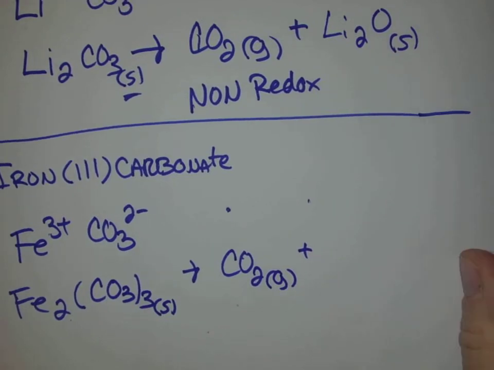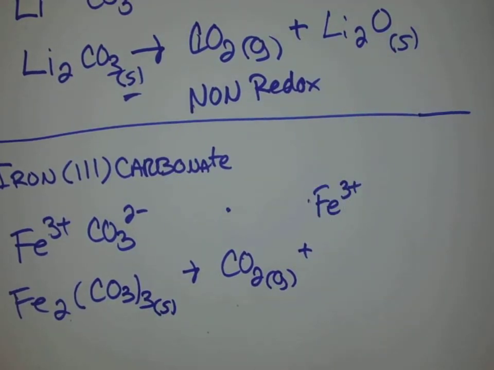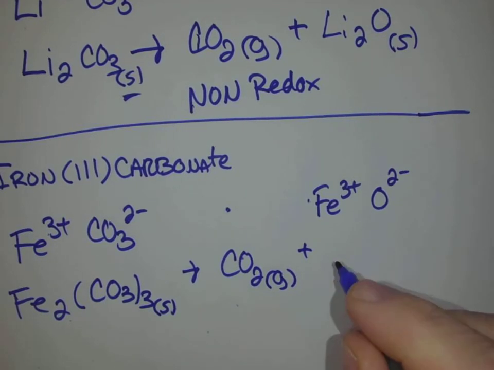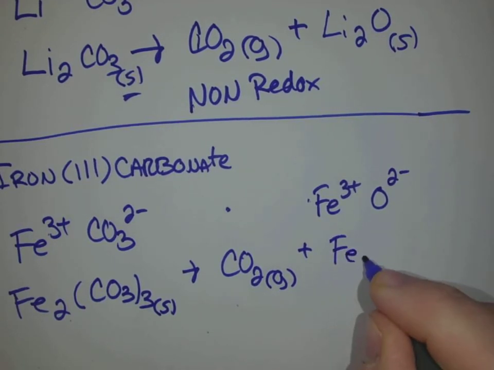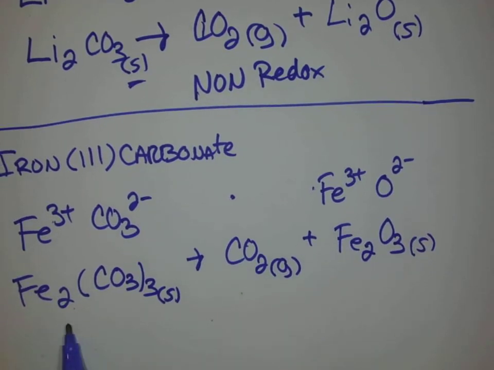Well, what's the metal oxide? The metal is iron 3 plus. The charge never changes. Oxide is 2 minus. So what would the formula then be? Fe2O3, solid. Now this one, again, is a non-redox, so you don't have to worry about redox.